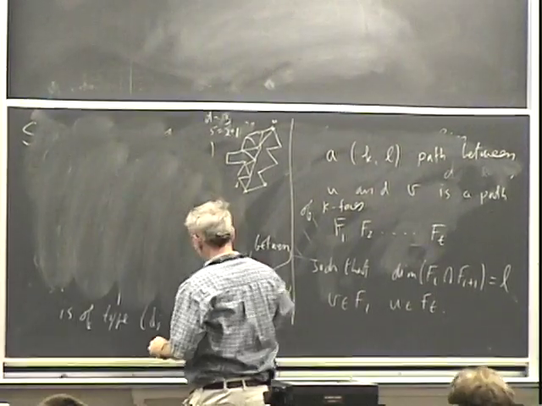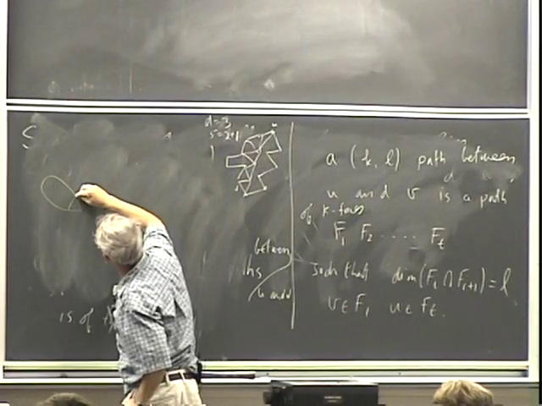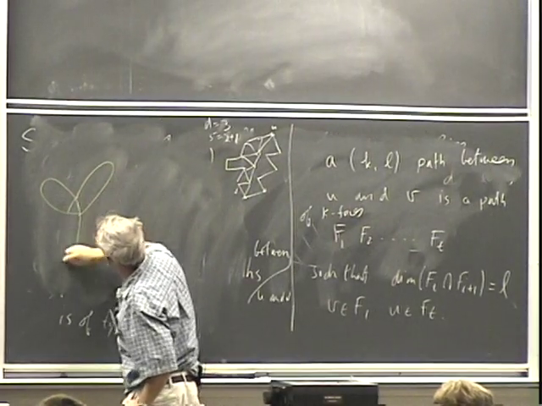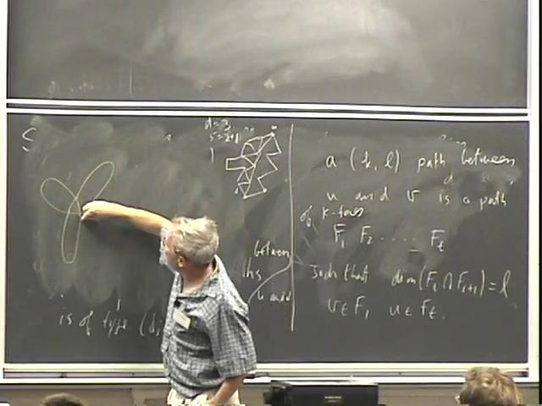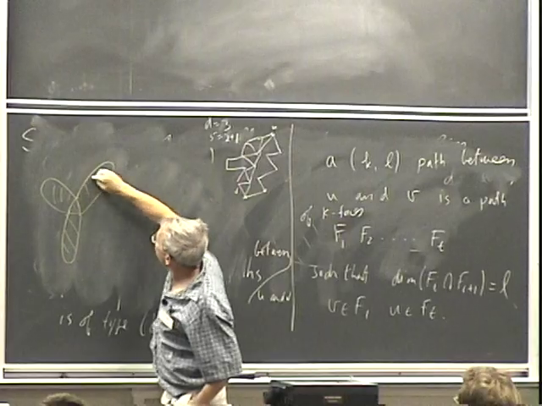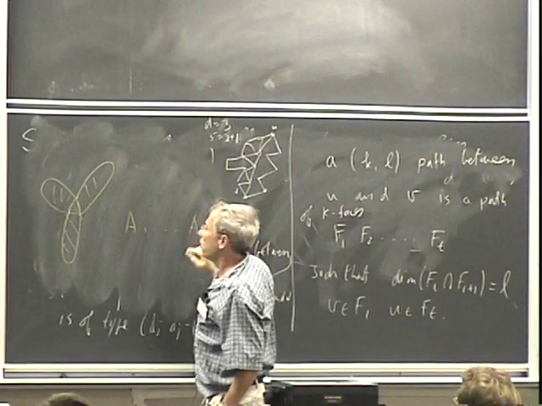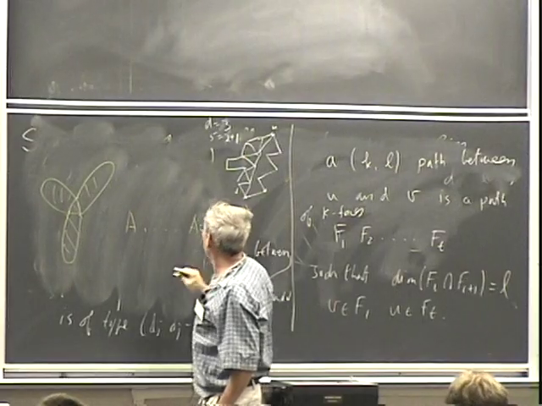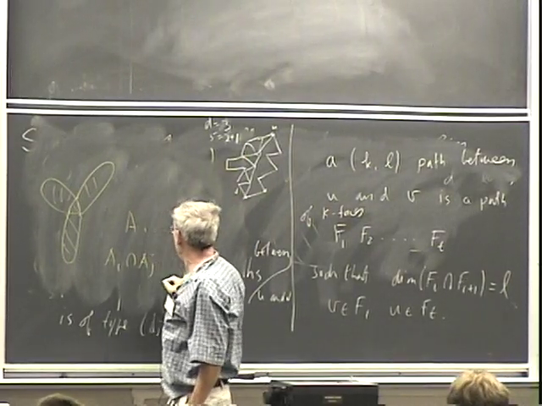A sunflower is a collection of sets which look somewhat like a sunflower. So here is a sunflower of 3 sets of size 3. A sunflower is a collection of sets A1 up to A beta, so that all the pairwise intersections are the same.